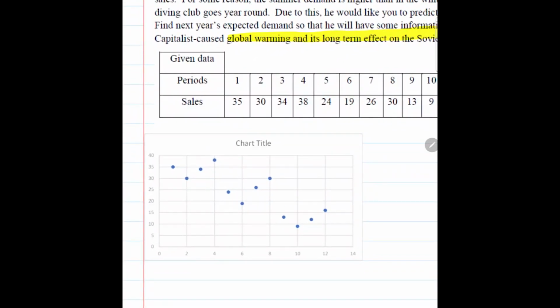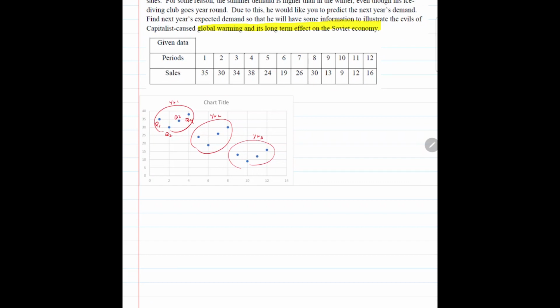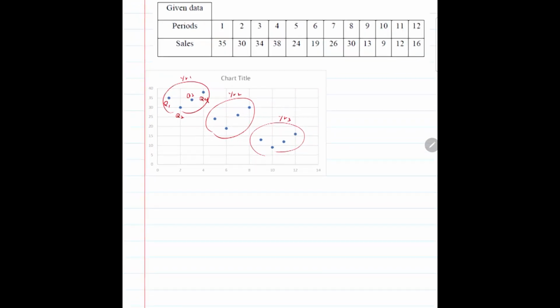So we can see this pattern. We can make this into year 1, year 2, year 3. So this will be quarter 1, quarter 2, 3, quarter 4, which means we're gonna use the seasonal.